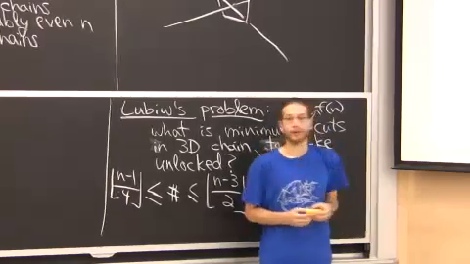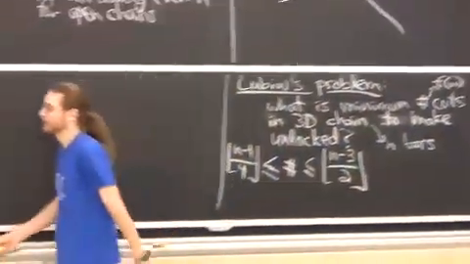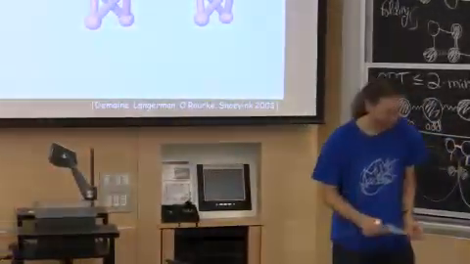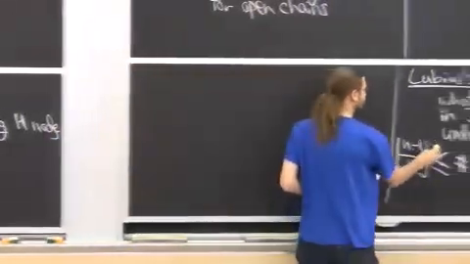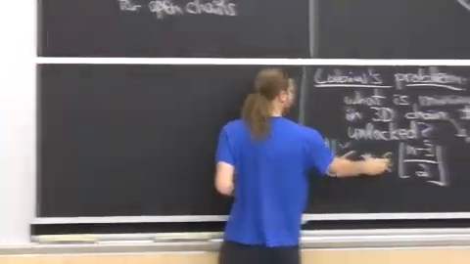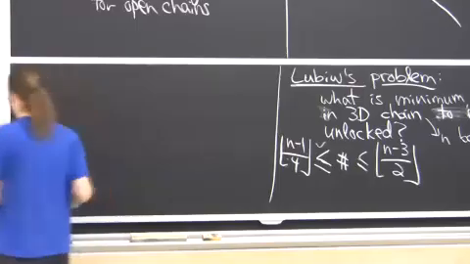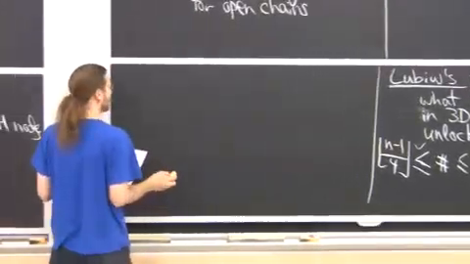That we know does not work. I think you have to wait to see that one. Let me tell you what's known about interlocking, and then we'll get back to Lubiw's problem. But at least we've proved this part. And the next thing I want to do is prove this part, and show you how we might do that. I think I need a whole board.